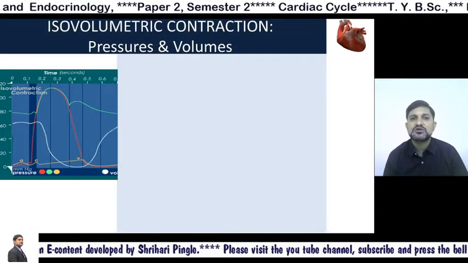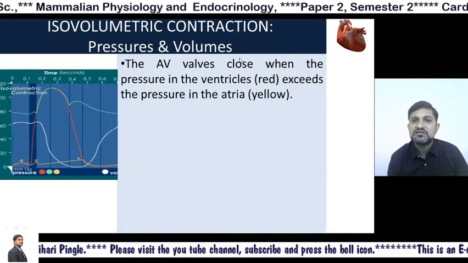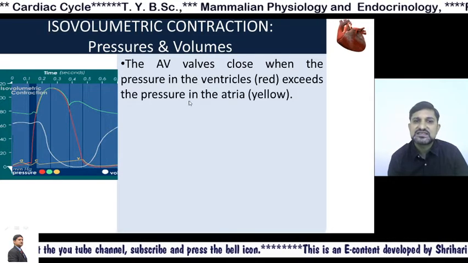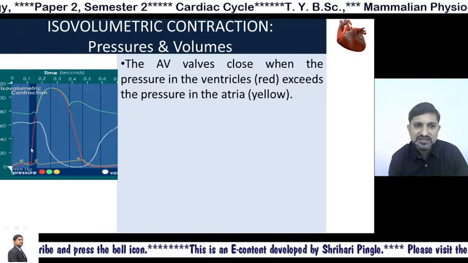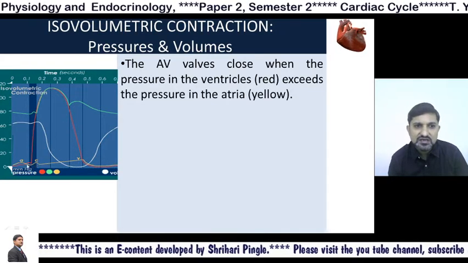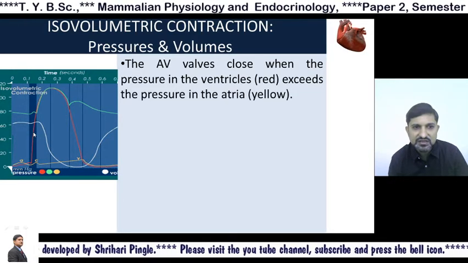Again, if we look at the pressure and volume dynamics over here, we see that the AV valves close when the pressure in the ventricles exceeds the pressure in the atria. Now, look at these lines, the red ones here and the yellow ones here. This is the pressure in the auricle and this is the pressure in the ventricle.